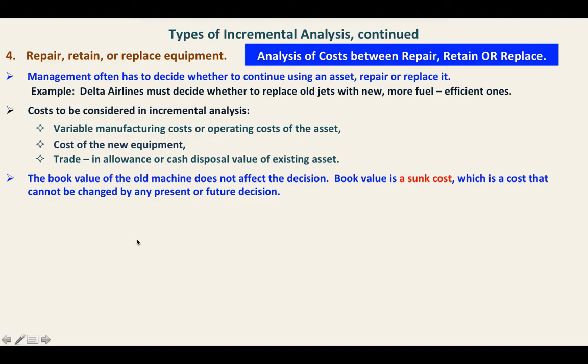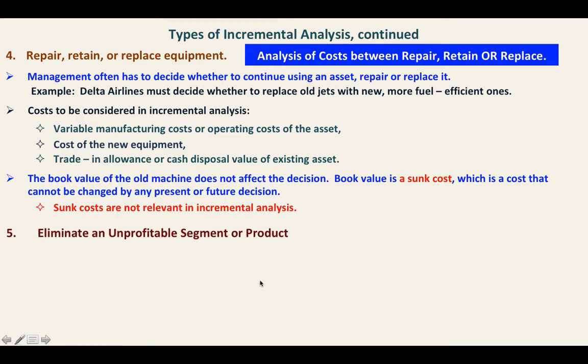Okay? And that fair market value is an important component in your incremental analysis. So here, class, I would like to emphasize that sunk costs are not relevant in incremental analysis.